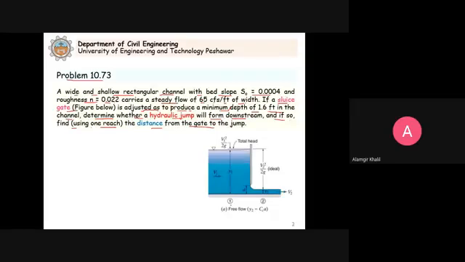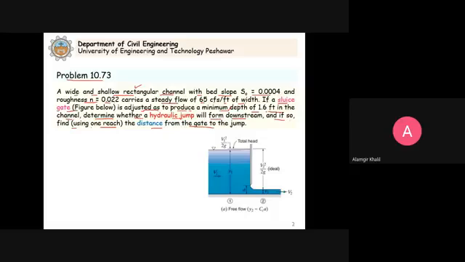What we see here is a rectangular channel, as mentioned. A sluice gate is operated to control the flow, and it produces a depth of 1.6 feet.